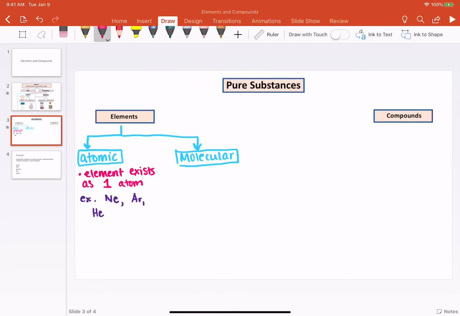Molecular elements, on the other hand, are when elements exist in a molecular form. And think back to our previous lessons, what that means is that you have multiple atoms covalently bonded together. So the atoms of a single element are linked by covalent bonds.